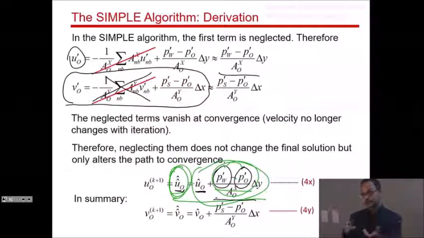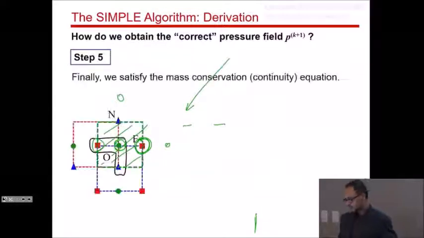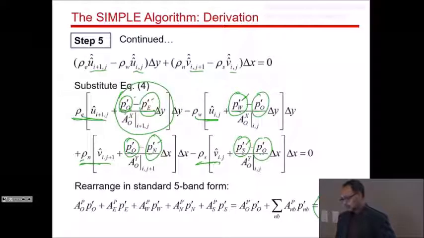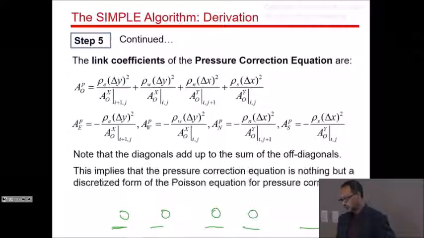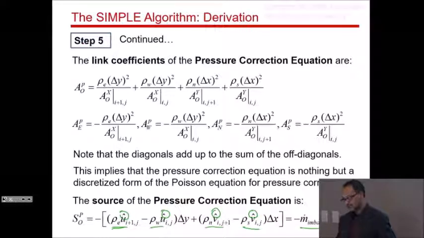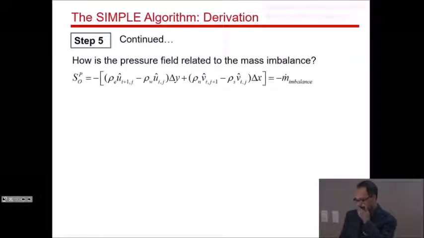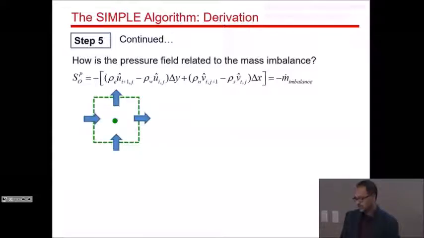That adjustment of the pressure now gives me a new velocity field which satisfies both mass and momentum conservation. So this is what we are really doing here. We are taking this mass imbalance as a source term for our pressure correction equation, which gives me my new pressure.